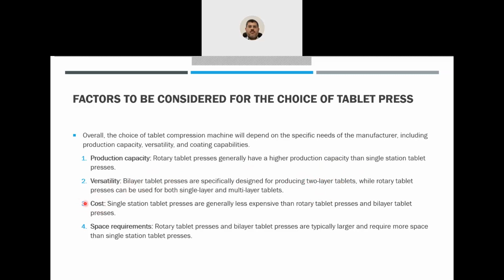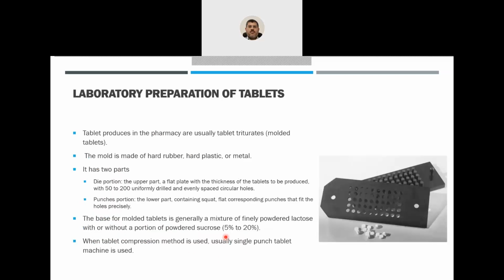The more capacity and the higher versatility, the more costly the machine. So probably you can choose the one that is suitable for your needs at the lowest cost possible. You have to consider the cost, and then space requirements. Usually, a rotary tablet press will need more space. Okay, this is when it comes to industrial preparation.